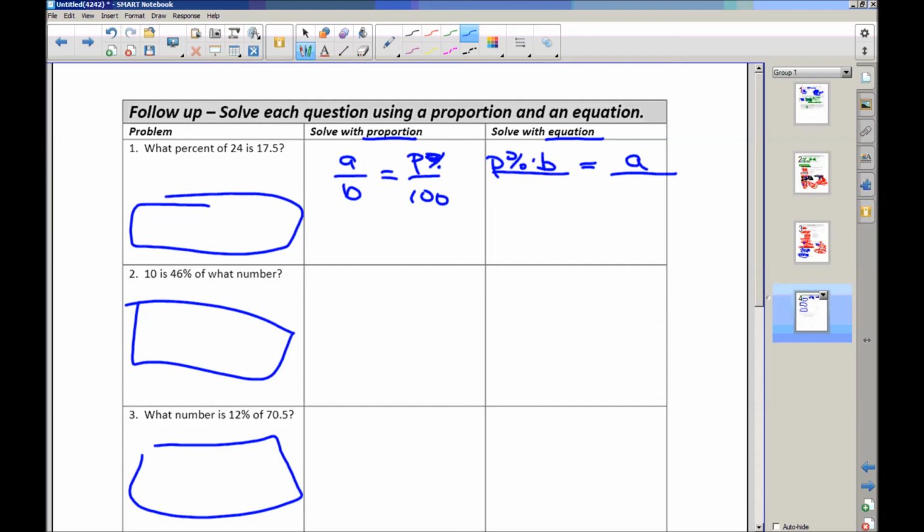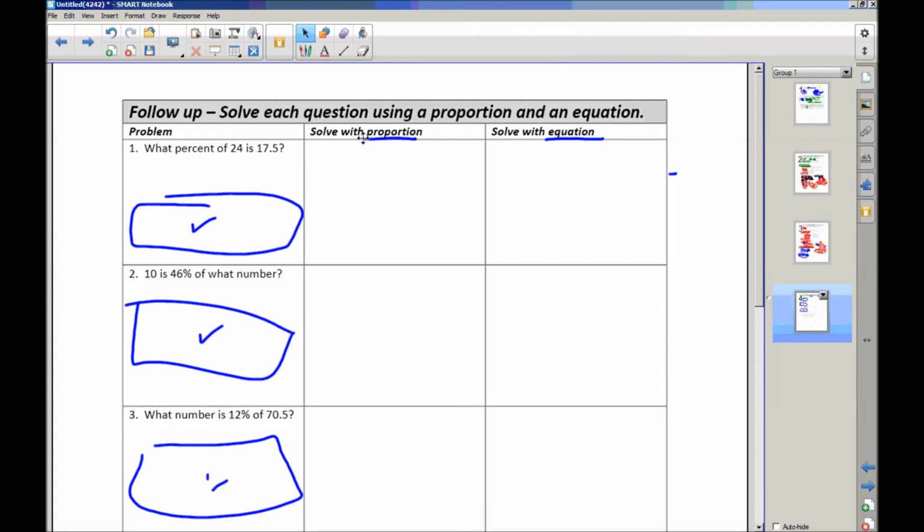Okay? Alright, give it a try. Fill in the right numbers for these things, so you don't need to write those parts there. Just put in the numbers, work it out, solve it, and then write your sentence answers in the spots. And hopefully, when you solve it with a proportion and with the equation, you get the same answer.